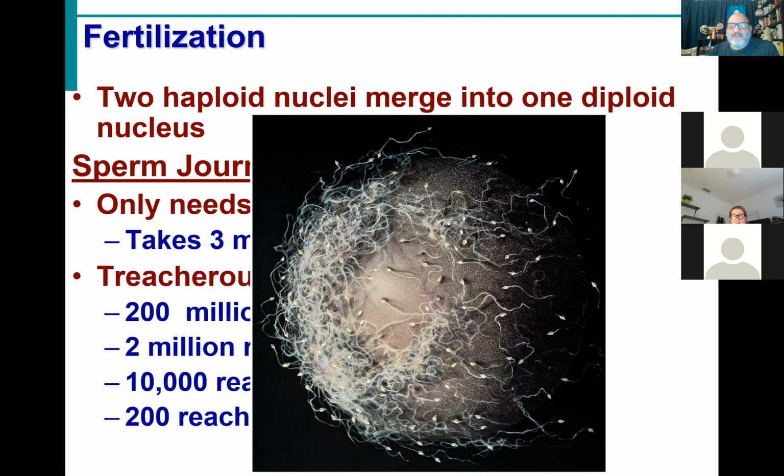All of those things the egg provides. So for this to be a viable zygote, we have to have all of that cytoplasm. And so that uneven division of the gametes in the female process provides for all of that cytoplasm. And so you see this massive disparity in size between the two gametes.